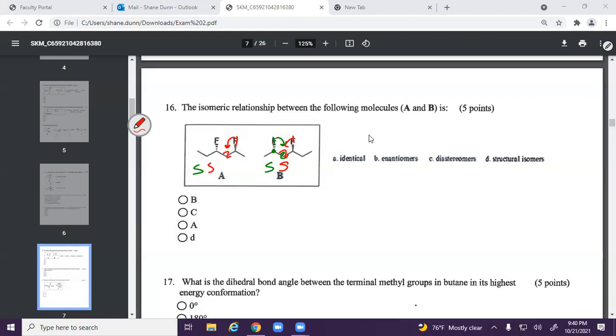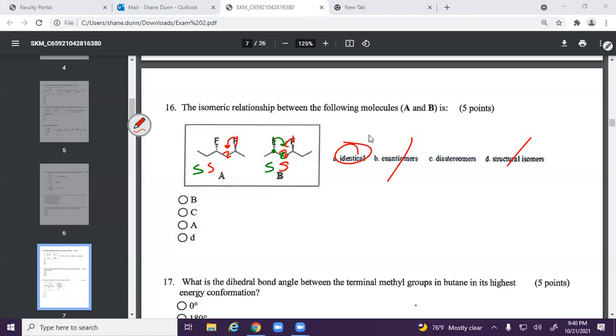Yes. Since the fluorine is a wedge, highest priority group, and the hydrogen is not wedge, we don't have to flip it. Okay. So they're not opposite, right? They are the same. They have the same conformation, so not structural isomers. They are identical.